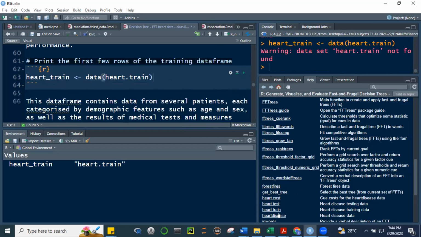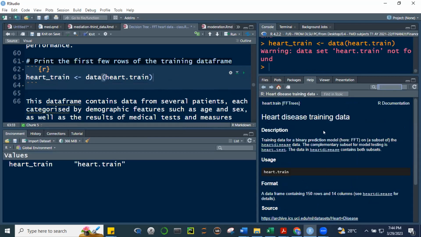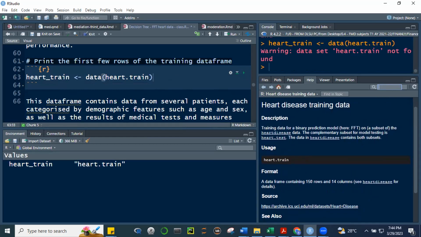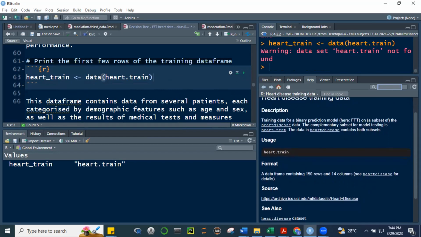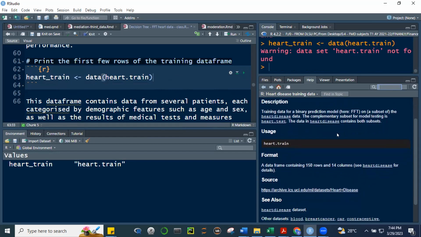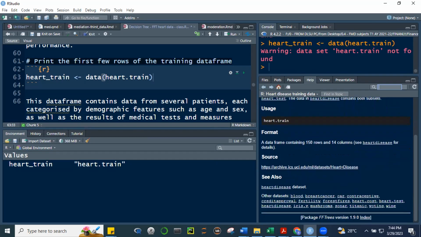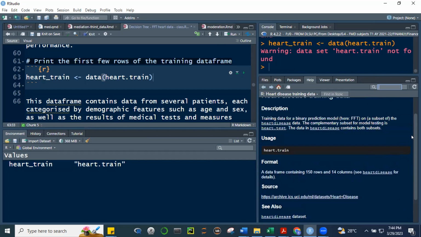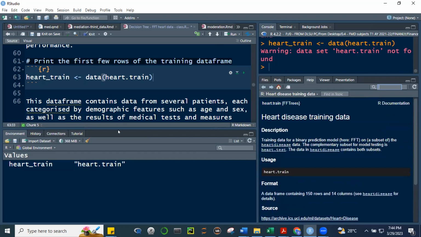Pero pag ni-run mo to, yan to ha. Yan no? Heart.train. Heart disease training data. Subset siya ng heart disease data. Mas kompleto yung heart disease, ito sinubset siya. Oh, strange. Ganun nangyari sa akin to.